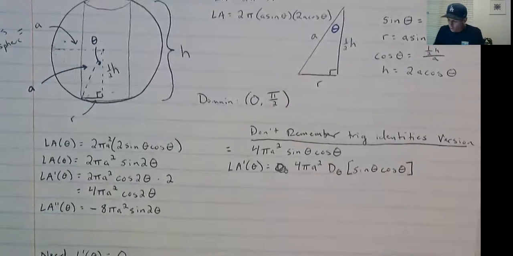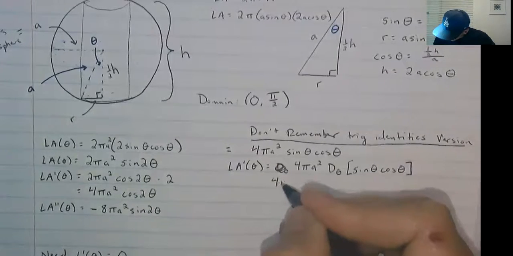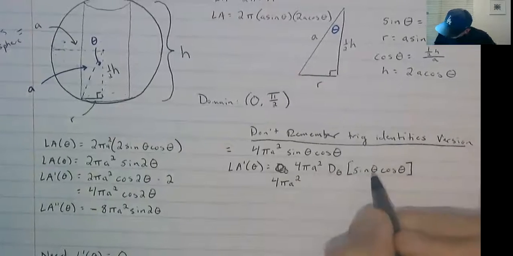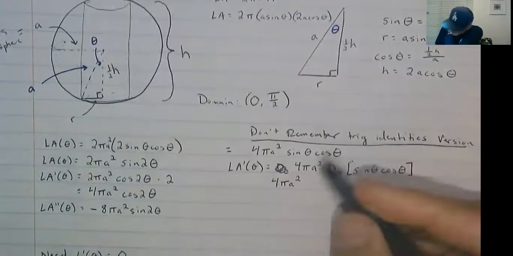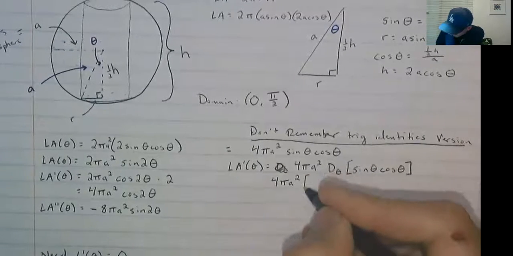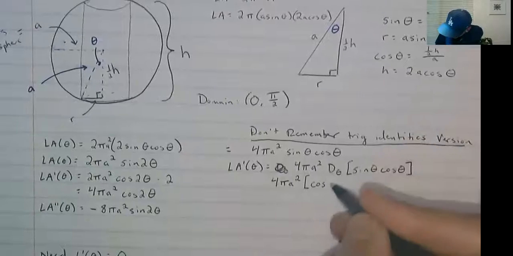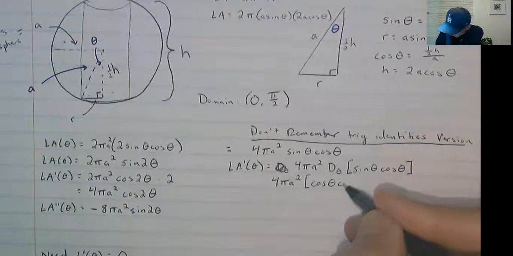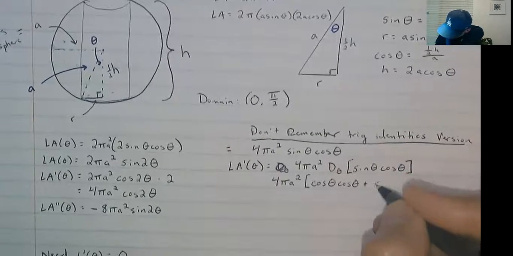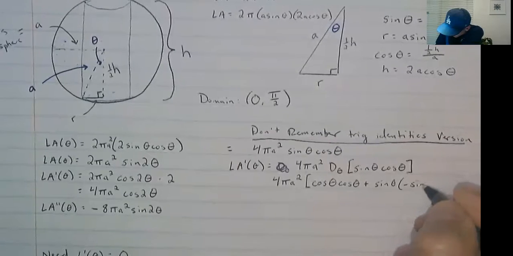Okay, so let's differentiate that. 4 pi a squared. Derivative of this guy, maybe the product rule. So derivative of the first thing is the cosine times the second thing is the cosine plus the first thing times the derivative of the second thing, the opposite of the sine.